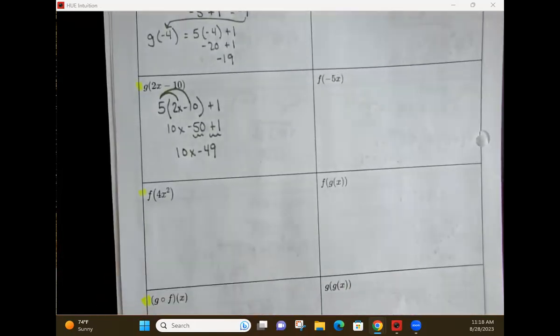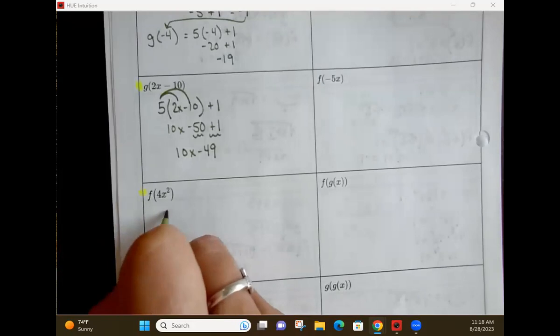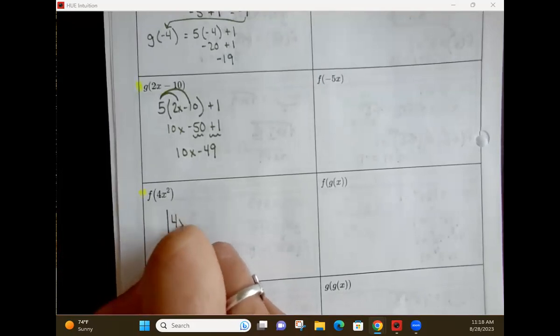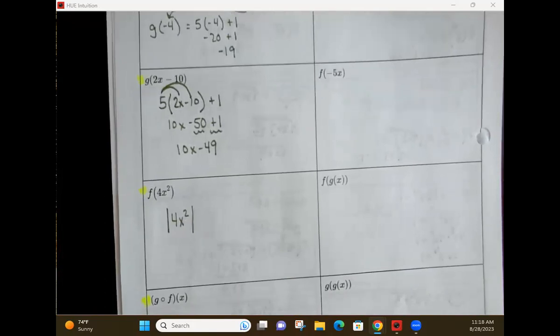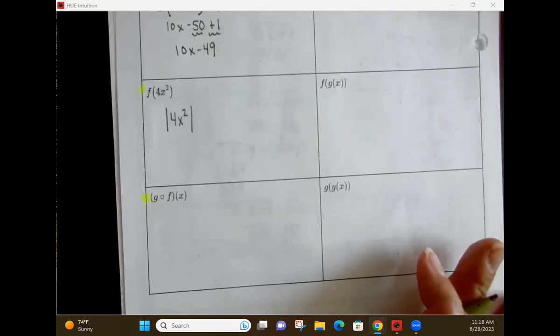f of 4x squared. So f of x is just the absolute value of x. So this would be the absolute value of 4x squared. That's it. I don't need to do anything else on this one. And then our last one, our composition here, g of f of x.